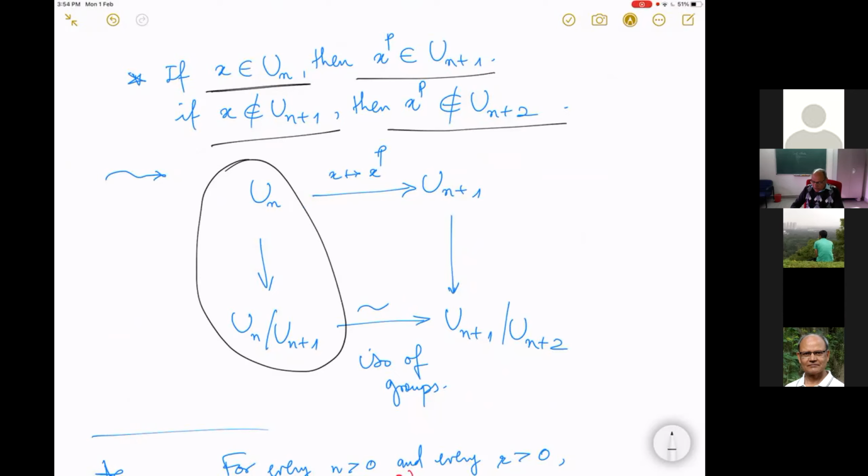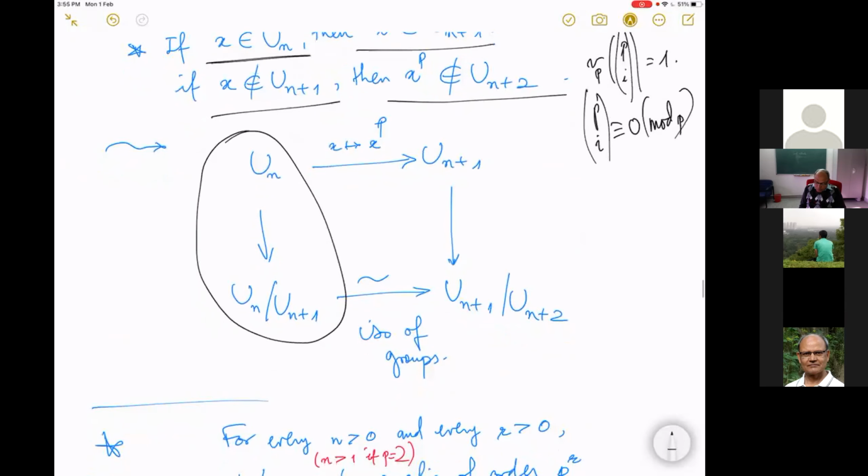So that requires proof, and the proof uses the fact that v_p of these binomial coefficients is equal to 1, meaning p divides them, or these are congruent to 0 mod p. And of course, it uses the binomial theorem, but nothing more complicated than this.